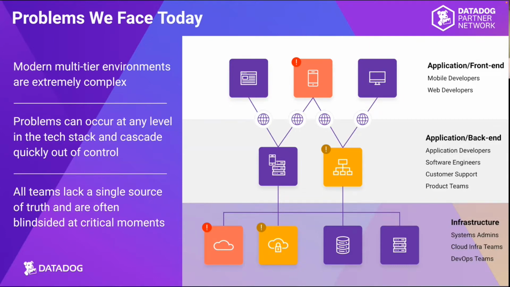Context switching and finger pointing are often the end result, which is just a typical example of a siloed organization. This impacts every reason which led you to the cloud in the first place: it negatively impacts your scalability, reduces agility, increases cost, affects cloud migration and platform modernization projects, and limits application optimization.